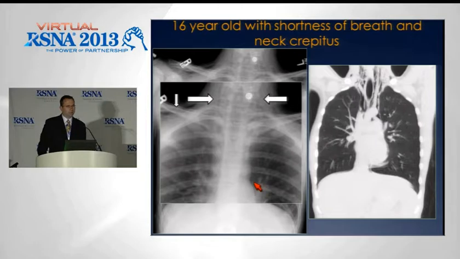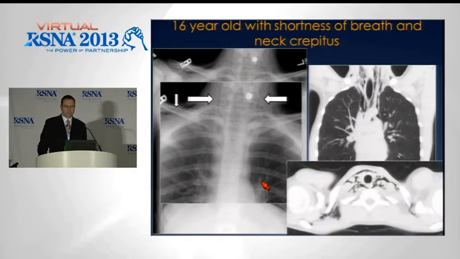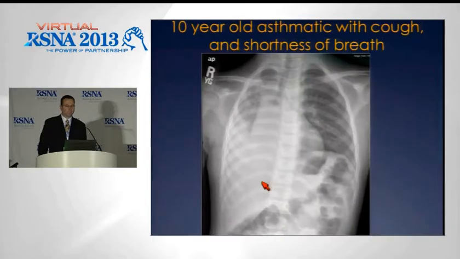The issue is that if they have a bad enough asthma exacerbation that they need to be intubated, we're then adding positive pressure to this, and they can get fairly significant subcutaneous emphysema. Axial view showing the same thing.